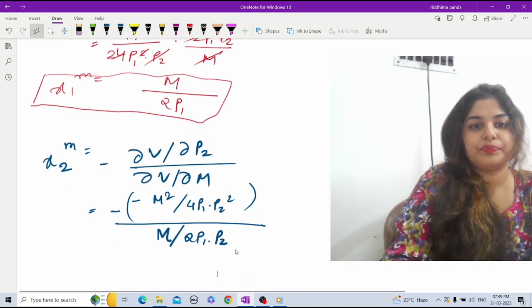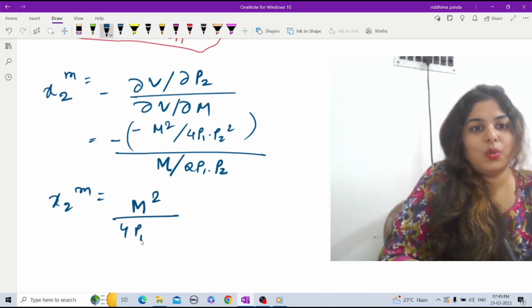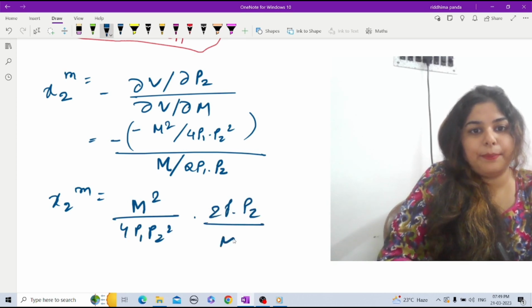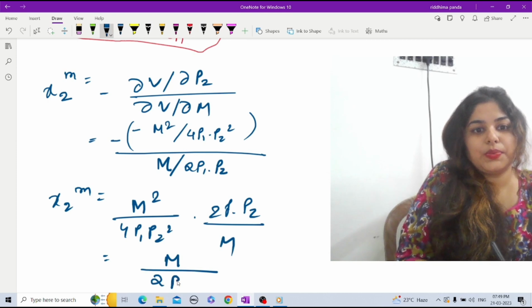Let's simplify. After simplification, we get X2M is equal to M square by 4 P1 P2 square into 2 P1 P2 by M.